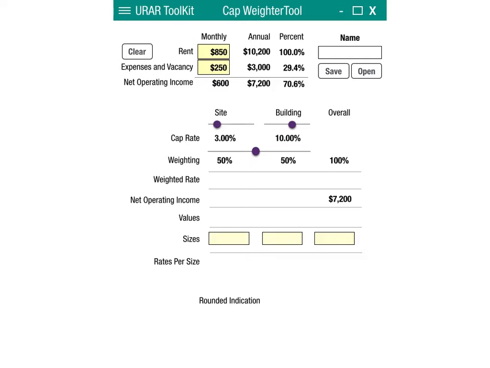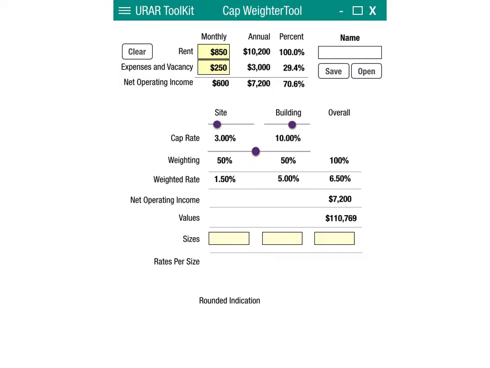So in this case, it'd be 3% times 50%, which gives us 1.5% for that weighted rate, and the building would be 10% at 50%, or 5%. We add those two together to get the overall rate, which is 6.5%. If we take that 7,200 in NOI and divide it by 6.5%, that's what our indication would be under this approach, about $110,000, $111,000.